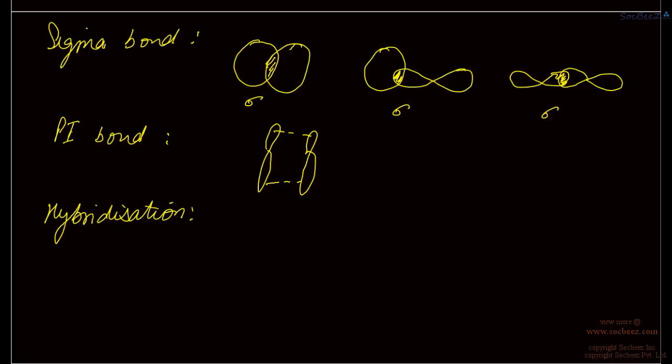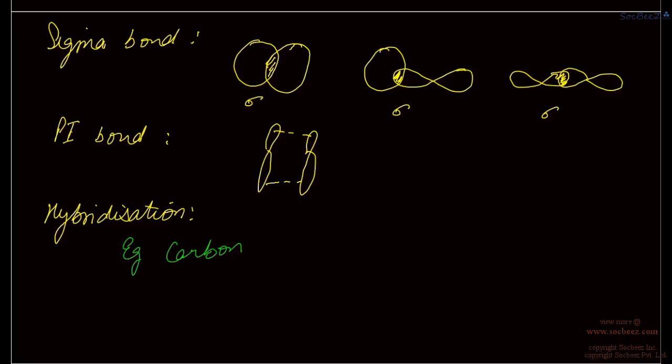By definition, I once again repeat, it is the combination of a certain number of atomic orbitals of slightly different energies to form the same number of new orbitals of equal energy. Suppose there is a carbon atom.